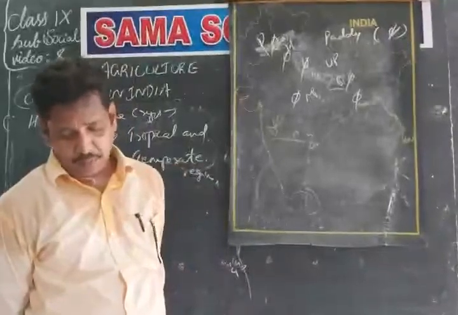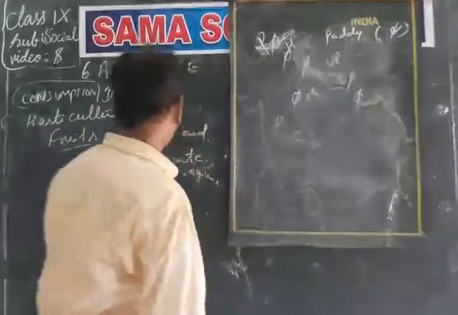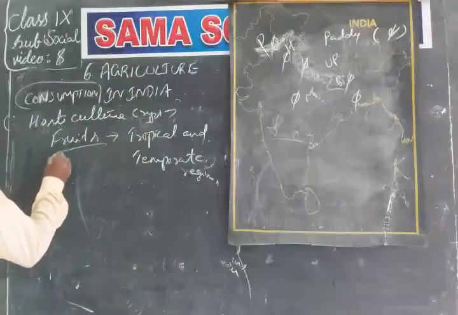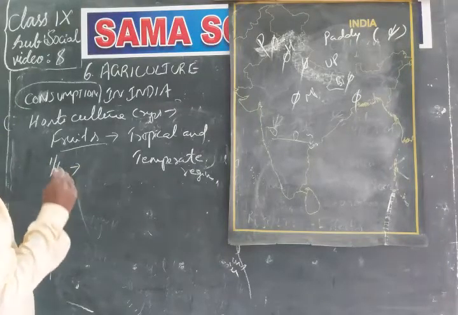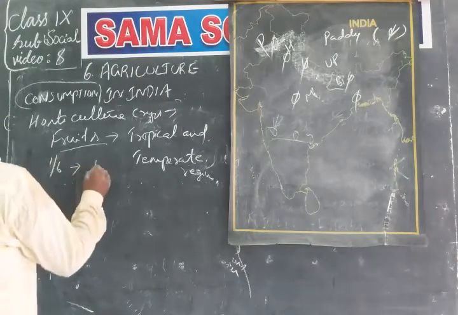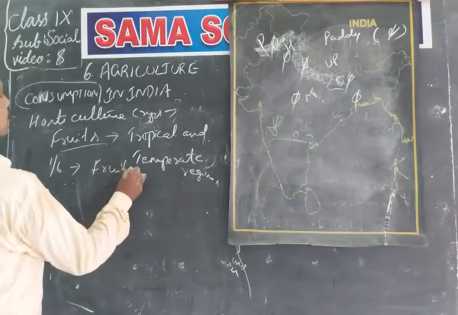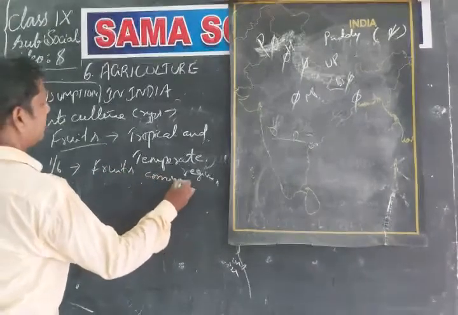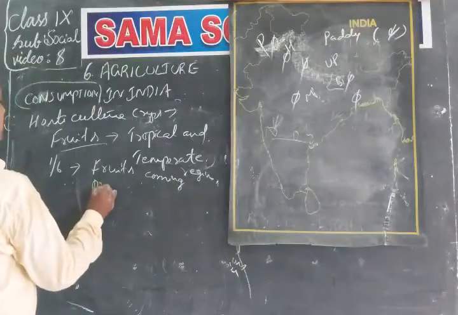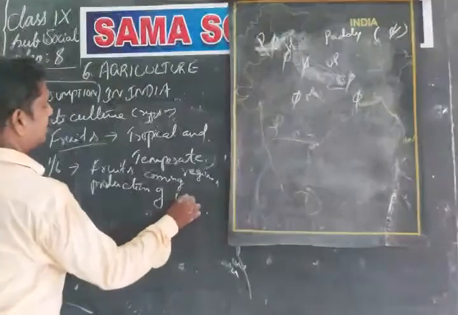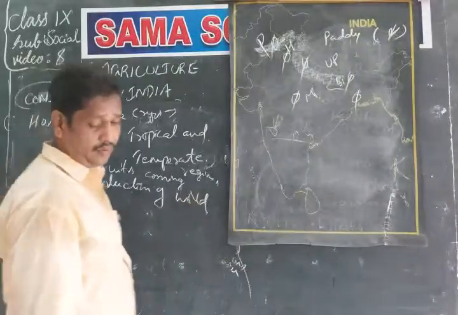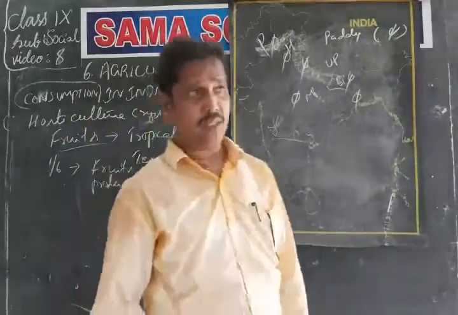These are the other important areas. The major important thing is that out of the total world fruit production, one-sixth of fruit production of the world is coming from our country only. These are about horticulture crops.